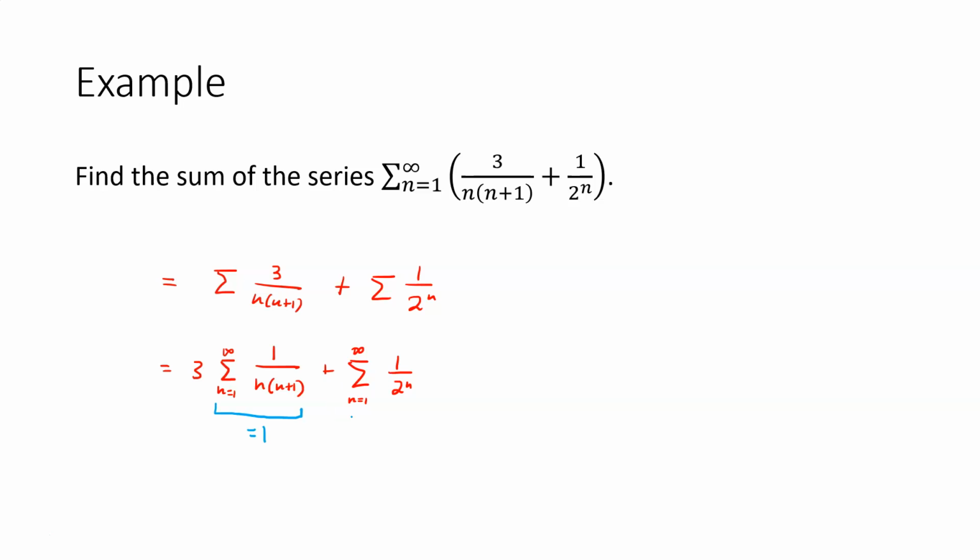Similarly, this series 1 over 2 to the n is a geometric series, and we showed earlier that 1 over 2 to the n has a sum of 1 as well. So the sum of the series combining them would be 3 times 1 plus 1, which is 4.